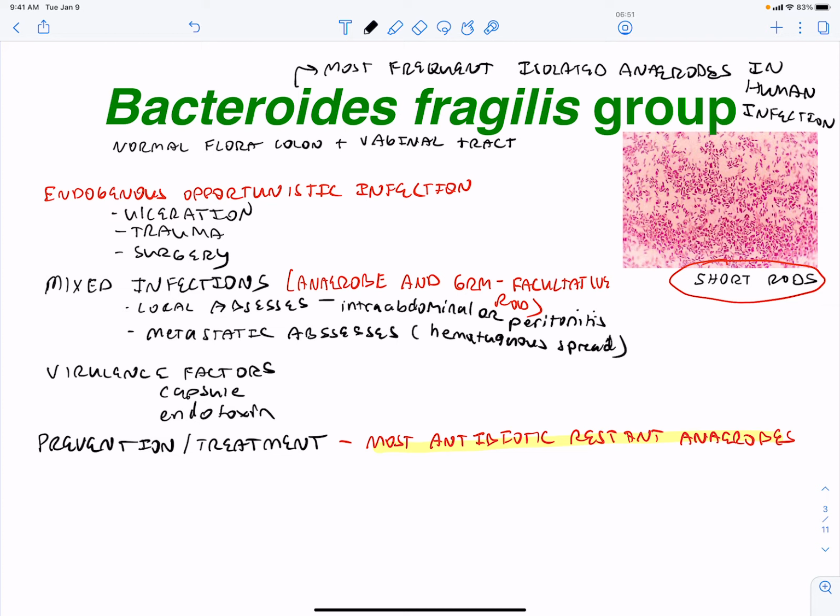Because of their antibiotic resistance, the usual drug of choice for this particular infection is going to be metronidazole, with some sort of aminoglycoside.